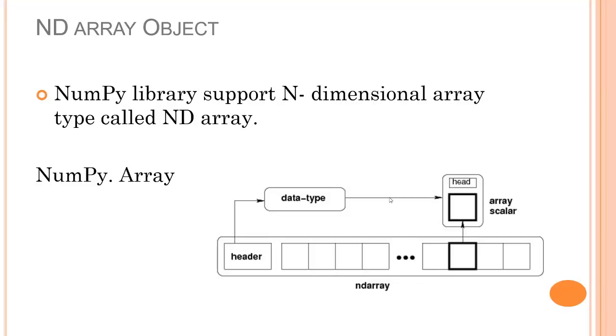Hello everyone, welcome to the Numpy course. Today we'll be learning about the ND array object in Numpy. Basically, this ND array object is called an n-dimensional array. It usually has a fixed size.